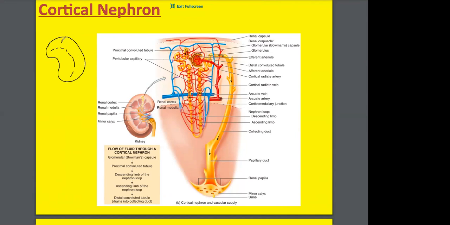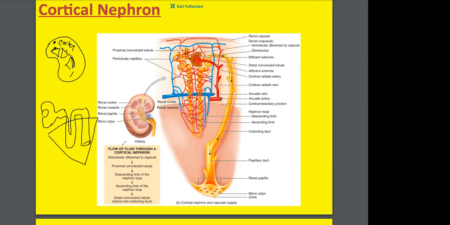So this being the cortex, what happens is some nephrons are located well up here, and then some are on the border of the medulla. So we see that we have these two types. Either way, the loop of Henle and the collecting duct loop down into the pyramid like this.